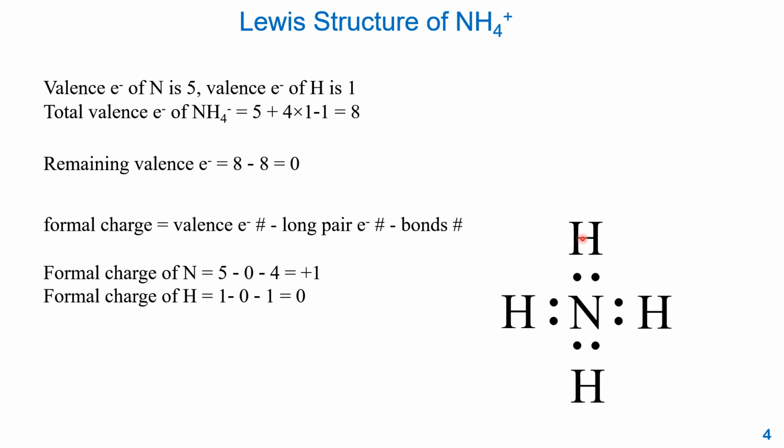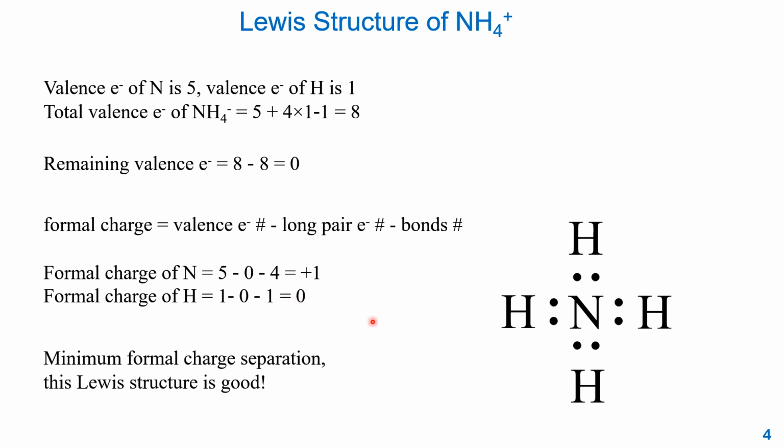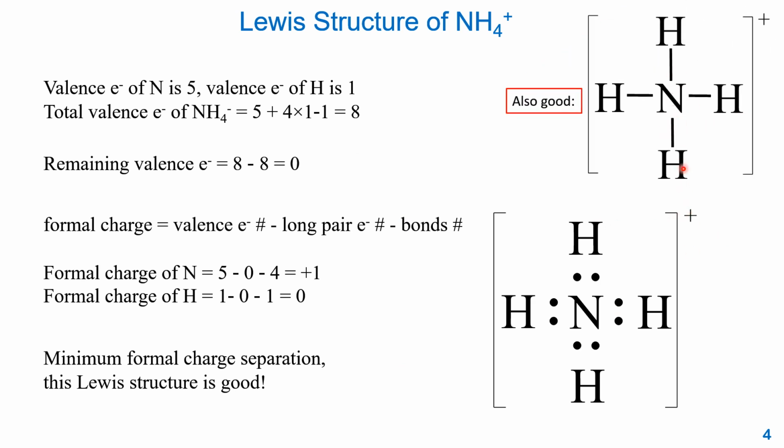Each hydrogen has 1 bond, so the formal charge for each hydrogen is 0. So that's the minimum formal charge separation. This Lewis structure needs a bracket showing the charge, and that's a good Lewis structure. You can also draw it this way, with single bonds like that. That's also good. Don't forget the charge.